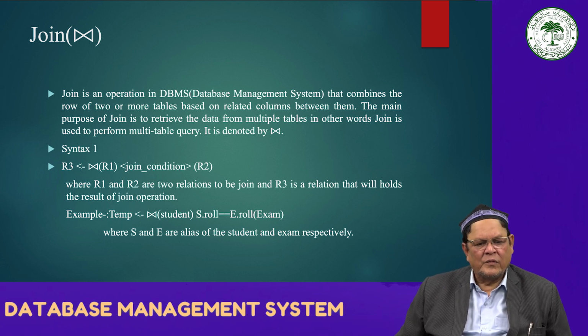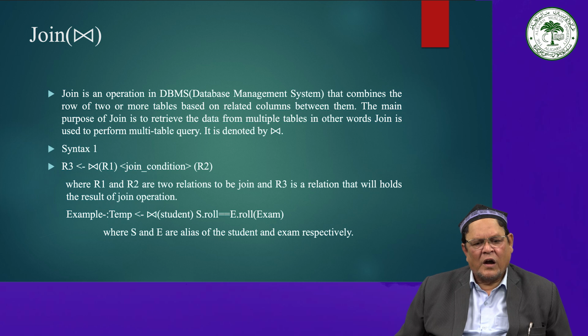Syntax: R3 holds R1 bow tie join condition R2, where R1 and R2 are two relations to be joined, and R3 is the relation that will hold the result of the join operation.